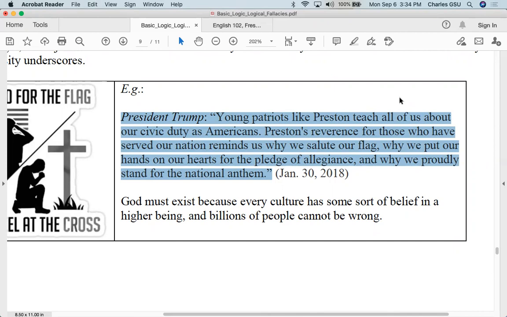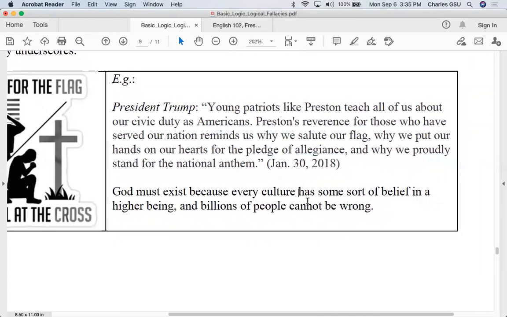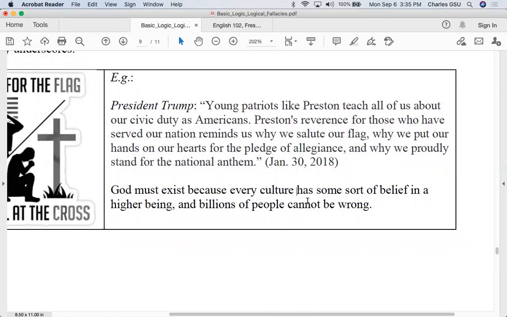President's reverence for those who have served our nation reminds us when we salute our flag, when we put our hand on our hearts for the Pledge of Allegiance, and why we proudly stand for the national anthem," which is a direct kind of jibe at professional athletes who chose to sit or kneel during the national anthem, right? You know, the entire social justice issue being erased in the argument. So it's kind of forcing you to say, well, if you're a real American, you'll do it, right? Otherwise, you're not a real American.